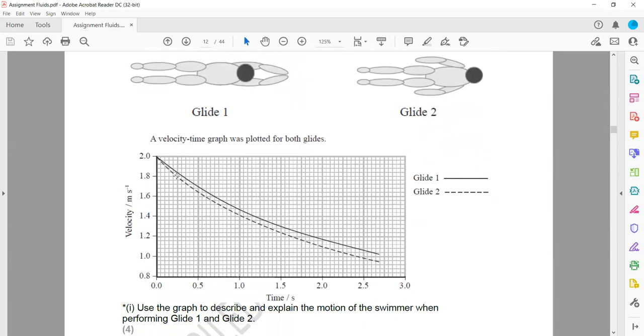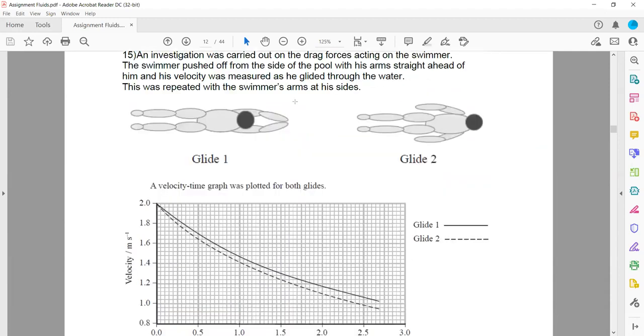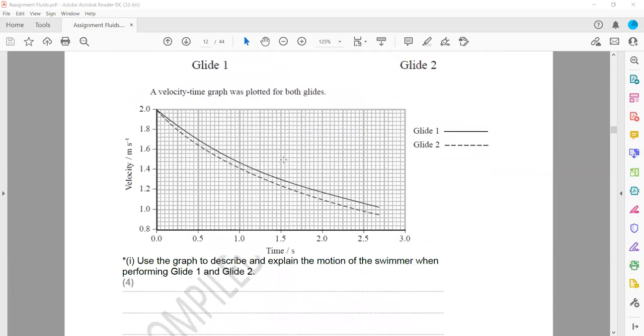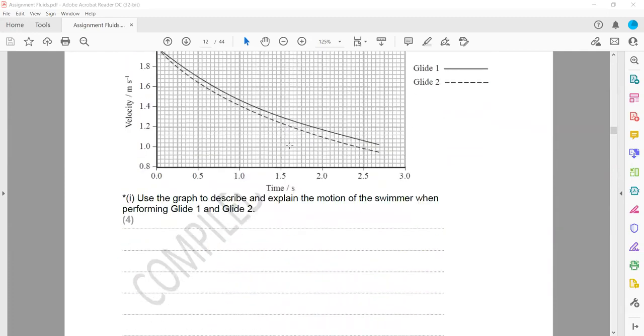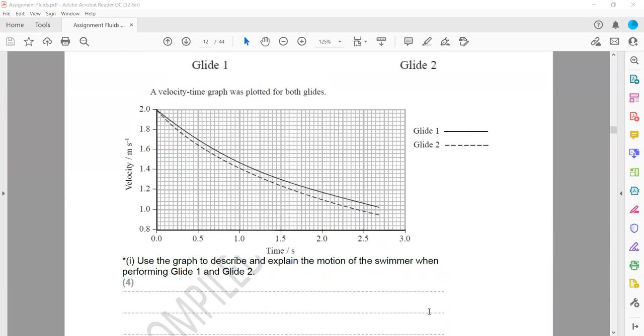For glide 1, you can see the velocity is decreasing because there's a drag force. But for glide 2, there's a greater change in velocity as compared to glide 1. Use the graph to describe and explain the motion of the swimmer when they're performing glide 1 and glide 2.